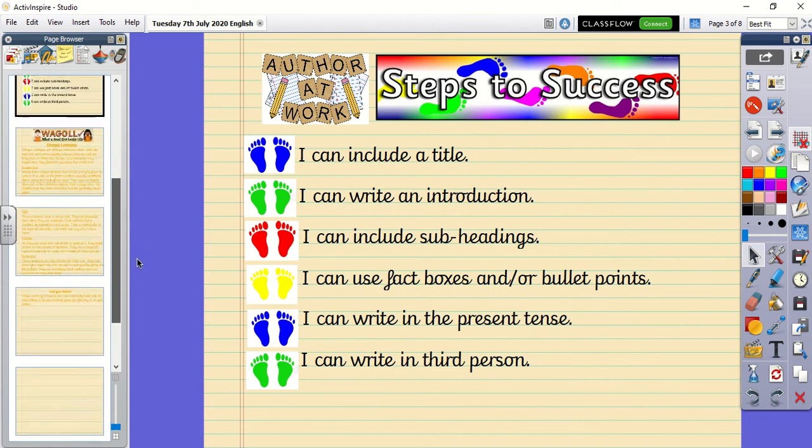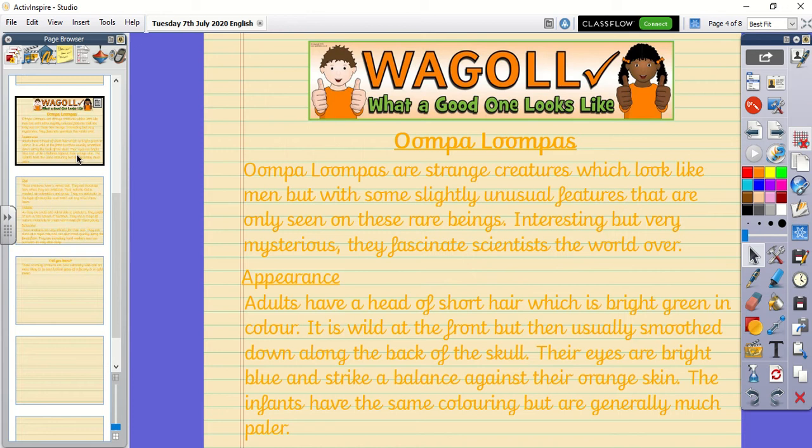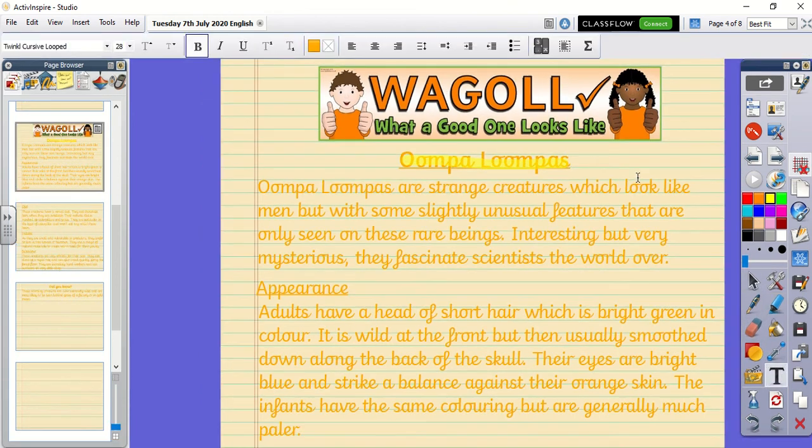So here is my waggle. As you can see, here is my title, The Oompa Loompas. Then I've got an introduction here. Let's just highlight. There we go. We have got our title. I'm just going to write it in black so you can see.